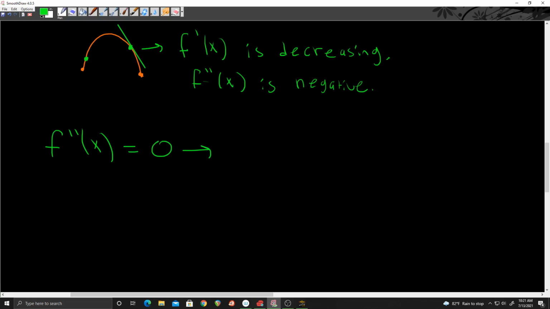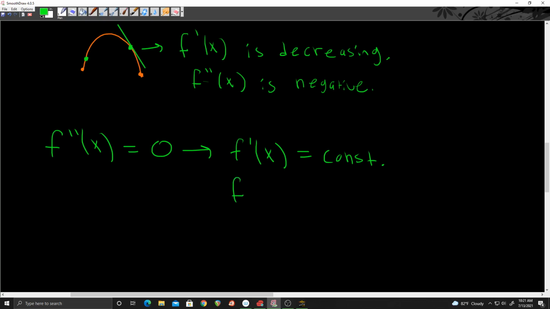Let's think, what functions have a second derivative of 0? How about functions whose first derivative is a constant? If I take the derivative of any constant in the world, I'm going to get 0. So if the first derivative is a constant, then my second derivative is going to be 0.